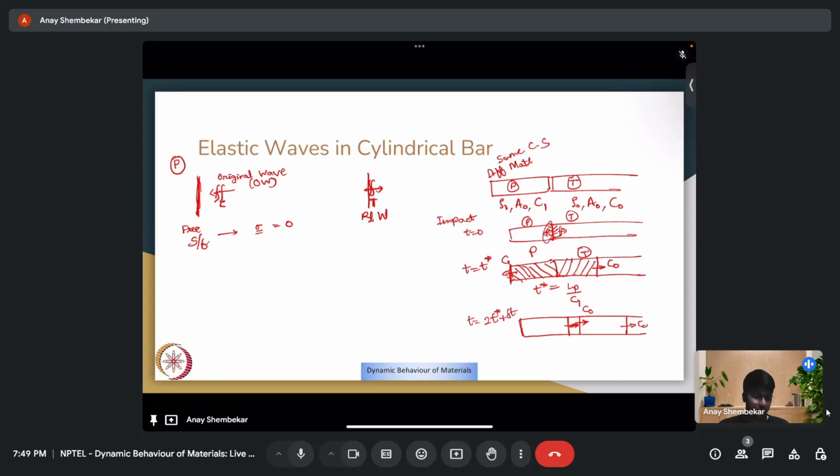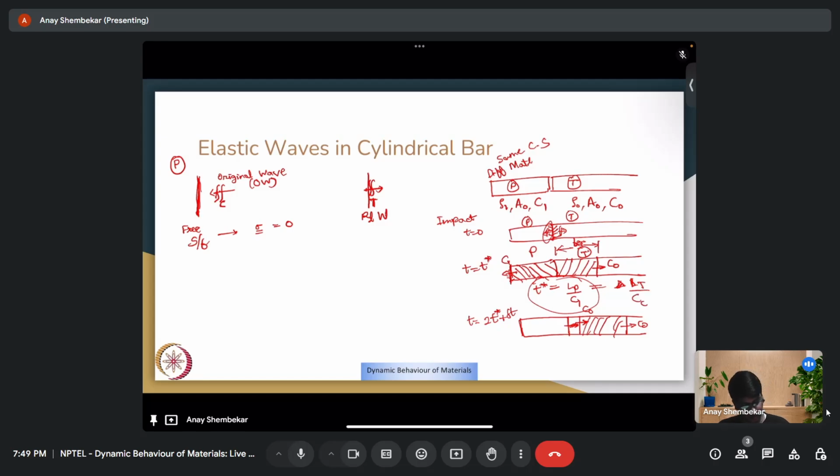And now how do you determine the length? You determine the length of this section using this time T star. T star times C naught, which is the distance covered in target. I'll call it LT, distance covered in target, LT by C naught.